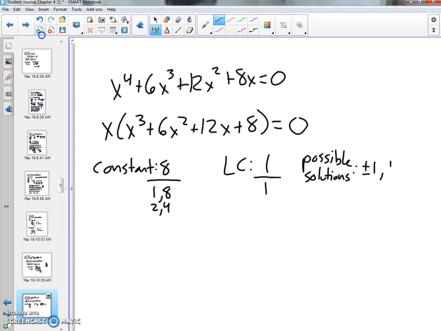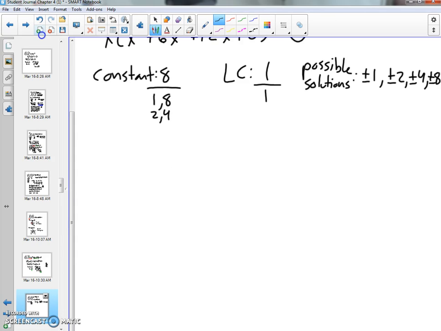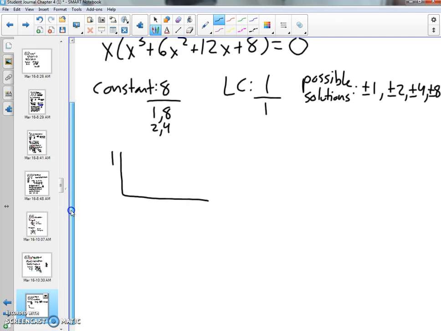Plus or minus 1, plus or minus 2, plus or minus 4, and plus or minus 8. So those are what I'm going to start with to see what my possible solutions are. So I'm going to start with 1 and see if that works.